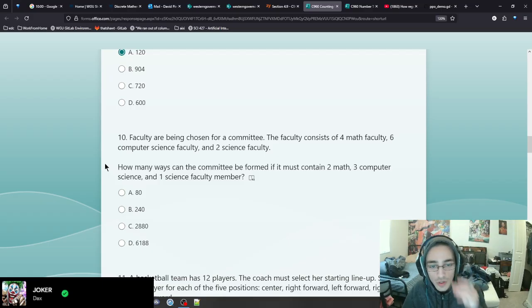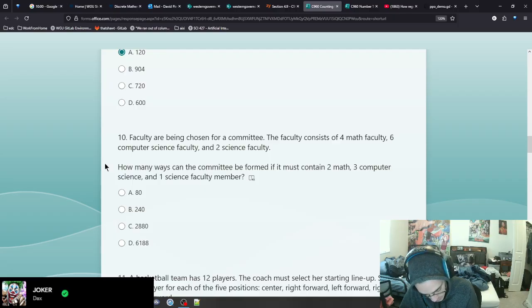Okay. So what I'm thinking is the binary thing, the binary string. So we have math faculty, 4 of them, right? And we have 6 computer science.